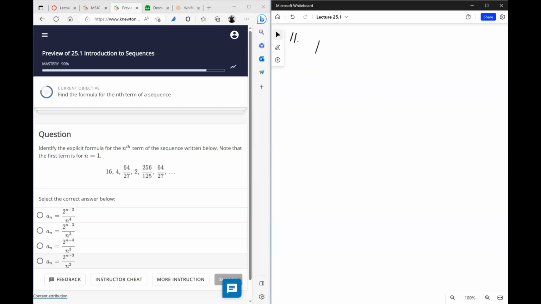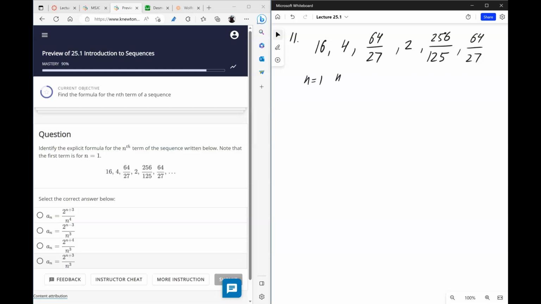Alright, another similar question. We have 16, 4, 64 over 27, 2, 256 over 125, 64 over 27. Looks like we have a lot of powers.